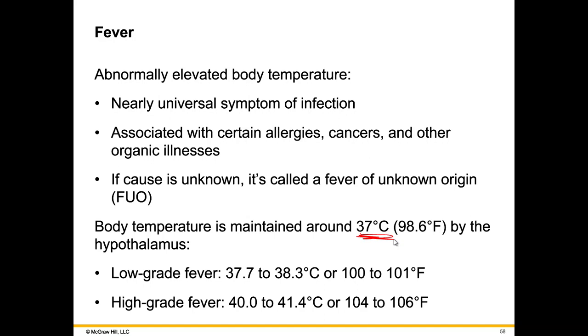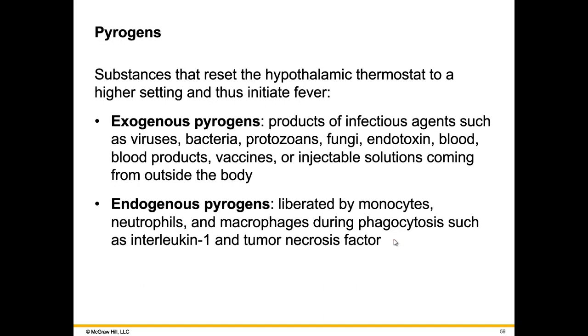Low-grade fevers are anywhere from 37.7 to 38.3 degrees Celsius. That translates into 100 to 101 degrees Fahrenheit. And getting higher, to a high-grade fever, we're talking 104 to 106 degrees Fahrenheit, which translates to 40 to 41.4 degrees Celsius. Things that cause fever are called pyrogens.